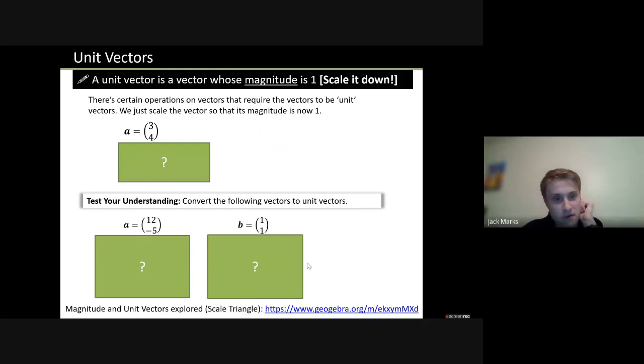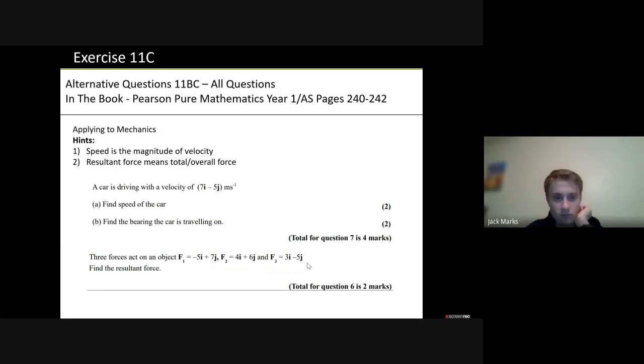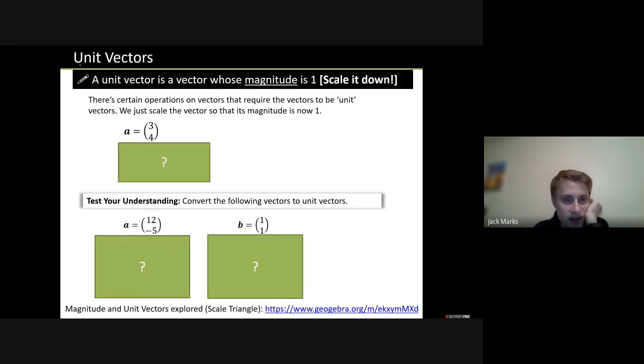And lastly, before we take a break, we're going to talk about unit vectors. Unit vectors do not come up quite as much as magnitude. Magnitude comes up an awful lot. Unit vectors are vectors that have a special magnitude. Their magnitude is 1. So imagine I had a vector of 3, 4. What's my magnitude?